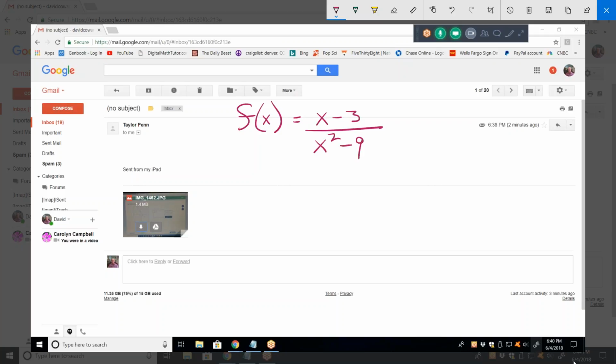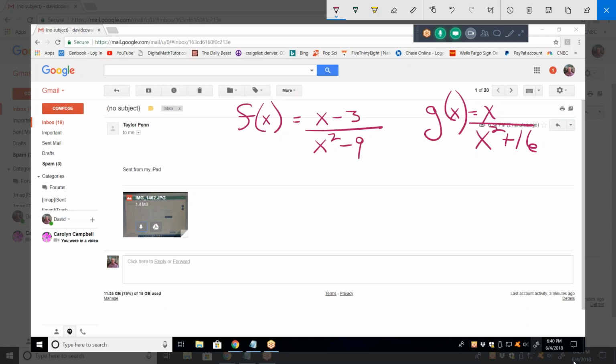Okay. And then g of x equals x over x squared plus 16. And then it says find the domain in interval notation of both.